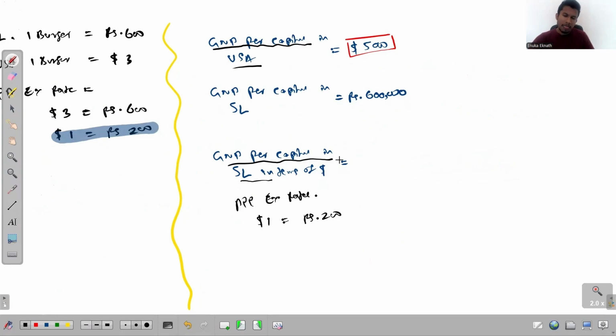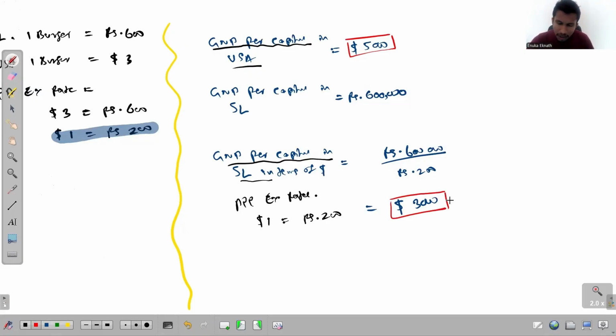So I take rupees 600,000, and this time I divide it by rupees 200, and the answer I receive is in dollars. How much? 3,000. So this is the value I received now.